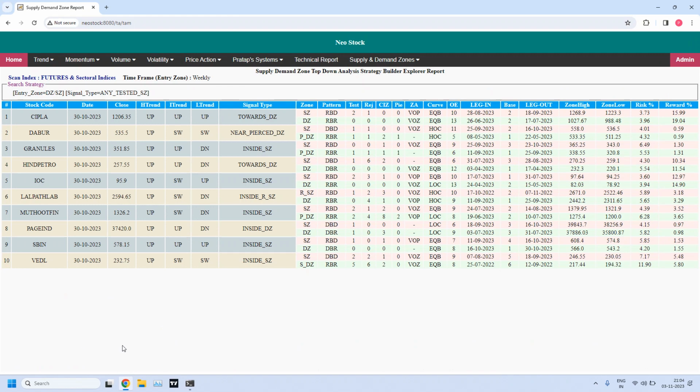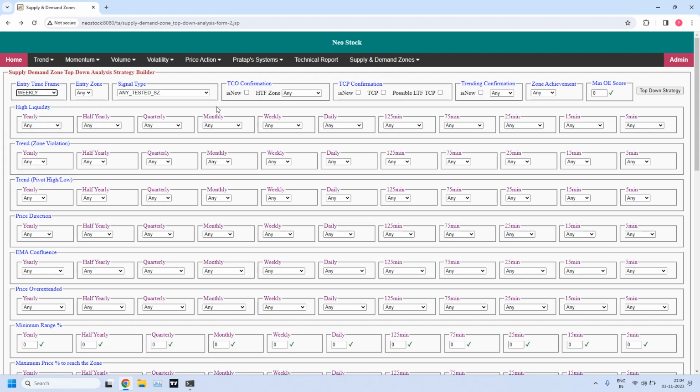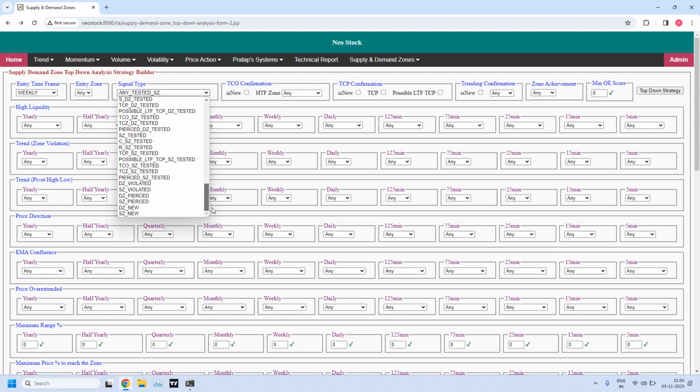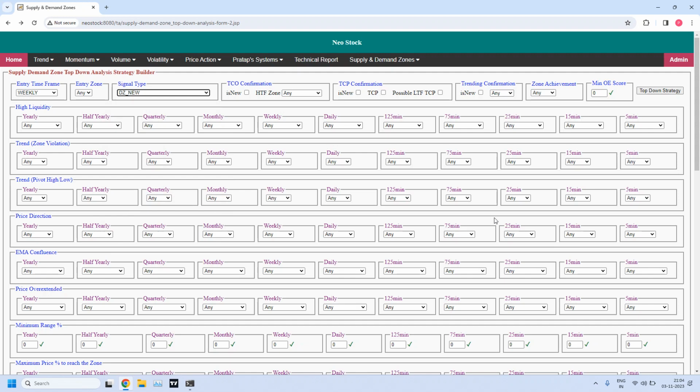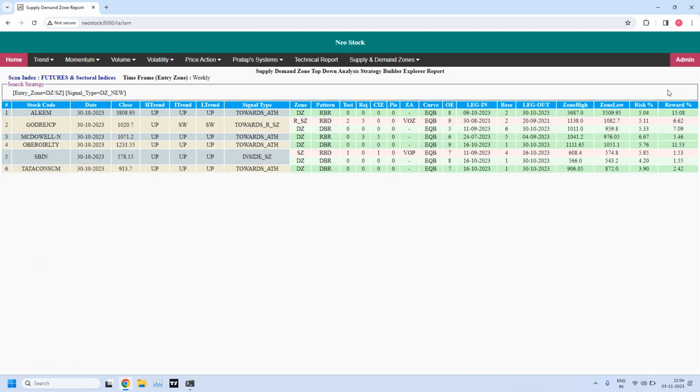Now let us find newly created weekly demand zones and supply zones. Entry time frame weekly, let us find the newly created weekly demand zones during this week. So these 6 stocks are having newly created weekly demand zones. So let's go back.